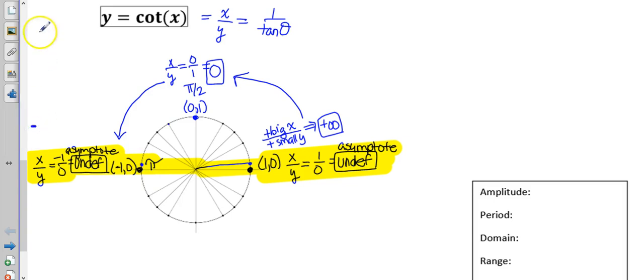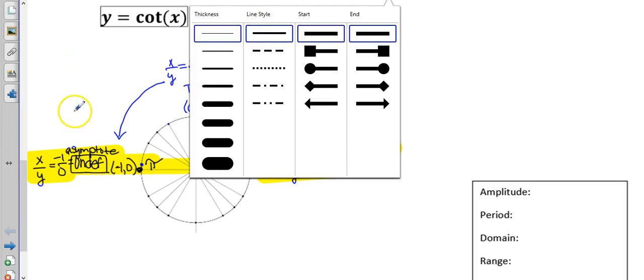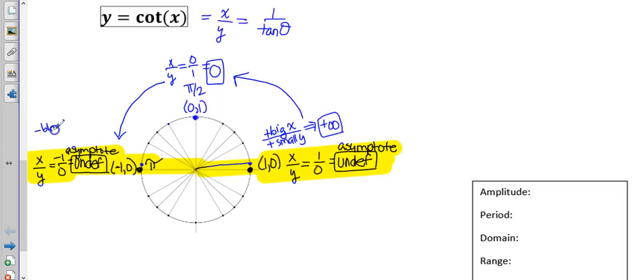So a negative big x value divided by, so let's say I go this far, and it's going to be up a super small y value. So dividing by a positive small y, we know that negative divided by positive is negative, so that's going to head towards negative infinity.